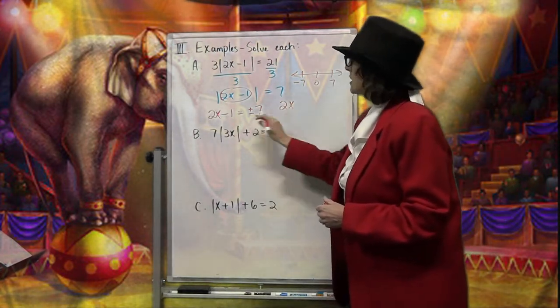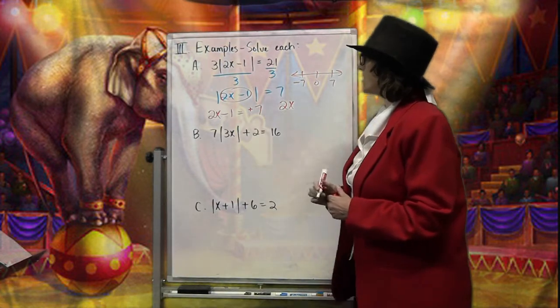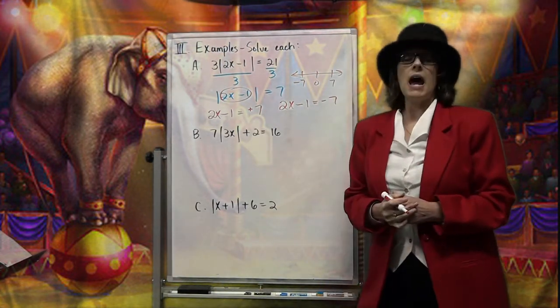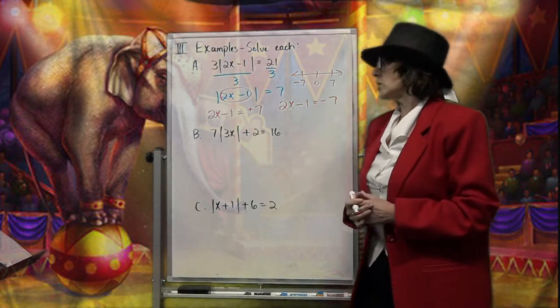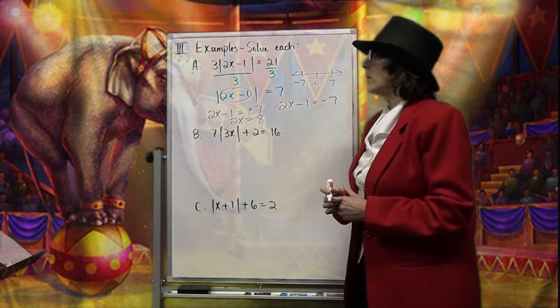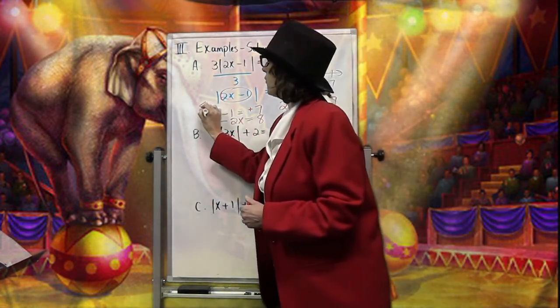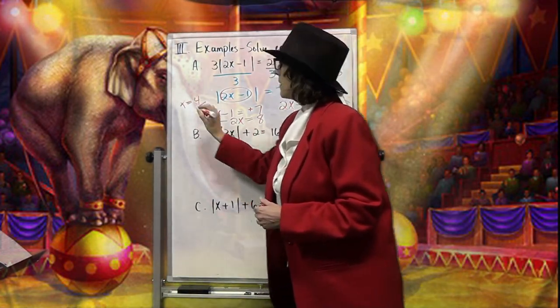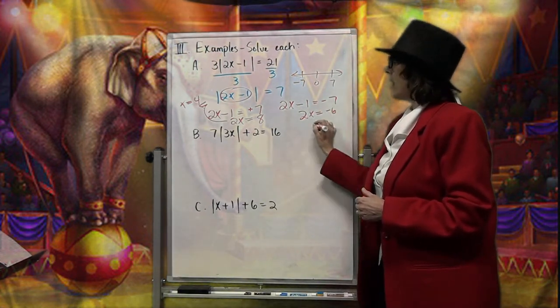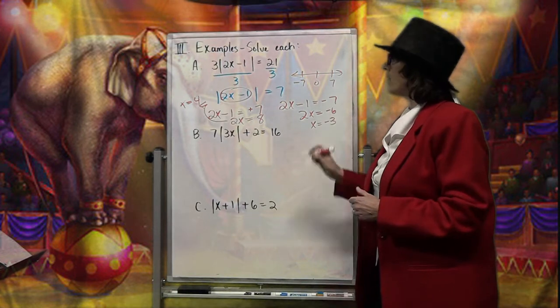Either that 2x minus 1 is going to be a positive 7, or that 2x minus 1 is going to be a negative 7. And I can solve either one of those equations. I'm going to add 1 to both sides here, giving me an 8. And then when I divide by 2, I'm going to get a 4. And on this one, I'm going to add a 1 and get a negative 6. And then when I divide by 2, I'm going to get a negative 3.